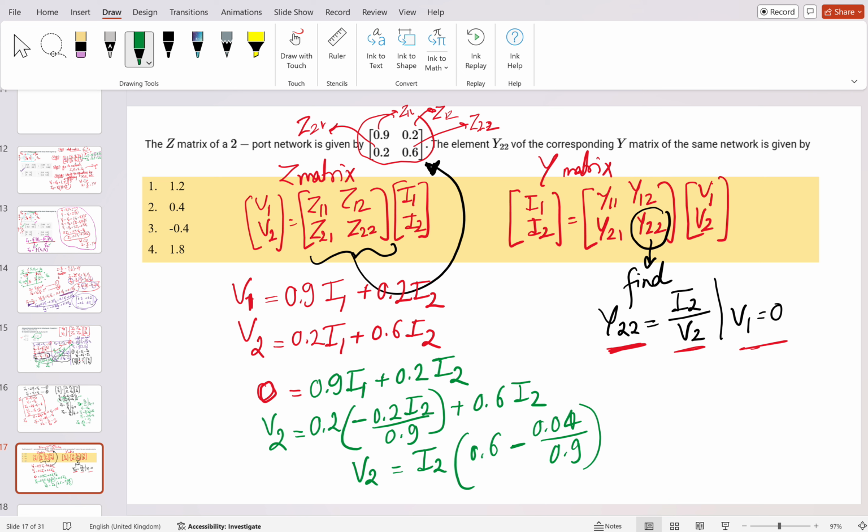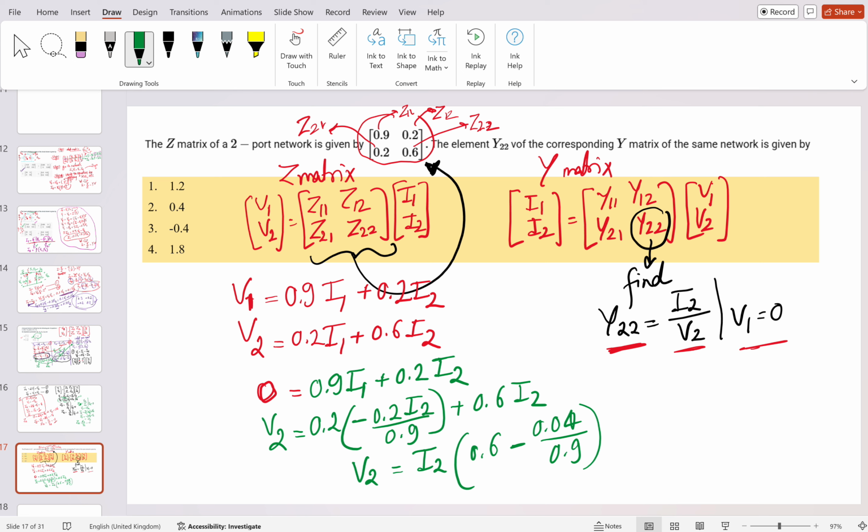It will be equal to I2 by V2 at V1 equal to 0. So V1 is equal to 0.9 times I1 plus 0.2 times I2, and we have kept V1 equal to 0 here. V2 is equal to 0.2 times I1 plus 0.6 times I2, where I1 is minus 0.2 I2 divided by 0.9, which you have rearranged.